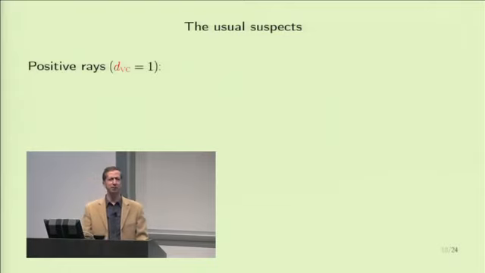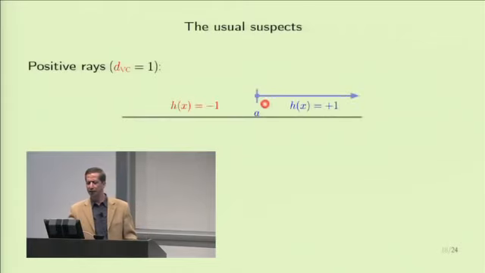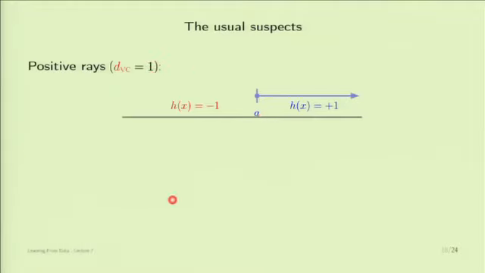What were positive rays in the first place? Oh, yeah, that was the diagram. We had this thing, with +1 here and -1 here. And what determines one hypothesis versus the other within this model is the choice of A. The choice of A? One parameter, 1 degree of freedom, corresponds to VC dimension equals 1. Okay, that's nice. Let's see if this survives.